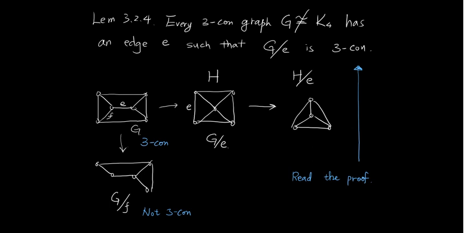But it is not always the case. If G is 3-connected, then after the contraction it is a 3-connected graph. How about the opposite? If you have a contraction which is a 3-connected graph, can you guarantee that the original graph is also a 3-connected graph?